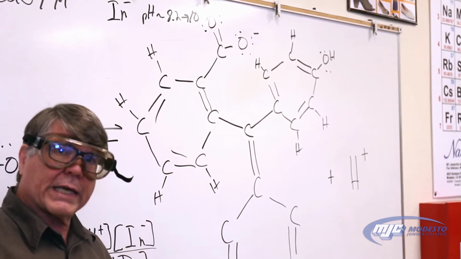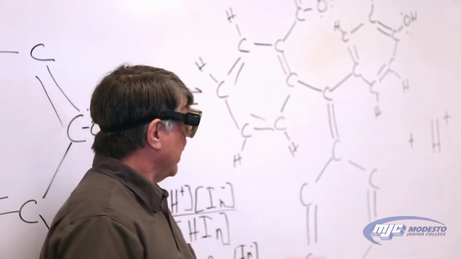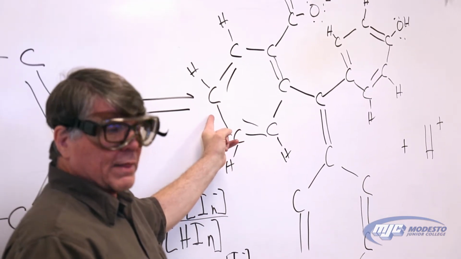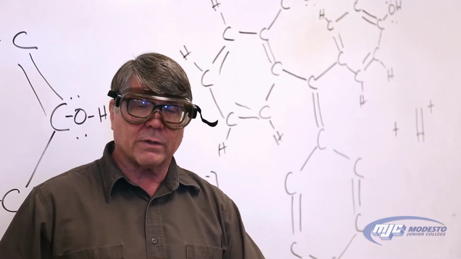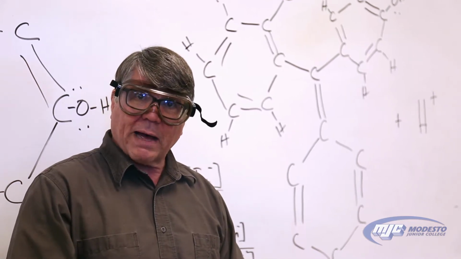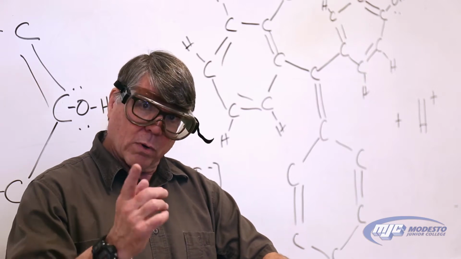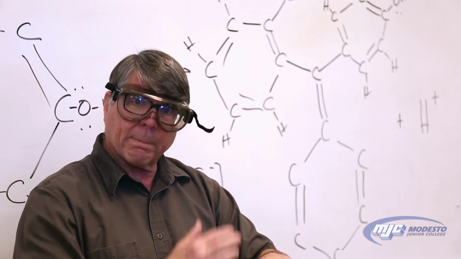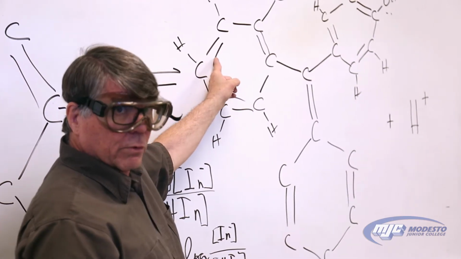If you remember back to Chem 101, hybridization theory, these carbons have 3 electron groups each, and that means each of these carbons is sp2 hybridized. The electron group geometry about that carbon is trigonal planar, so it's flat. But there's one unhybridized p orbital perpendicular to the plane of the molecule, sticking up and down. It's a p orbital, and that's where these pi electrons reside.